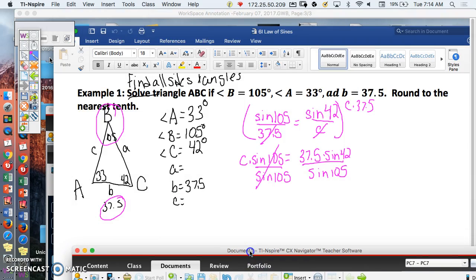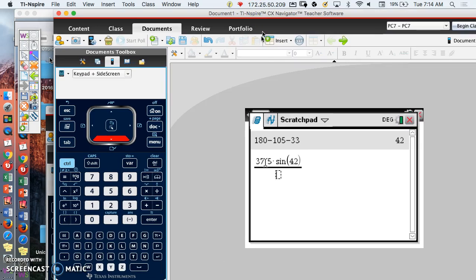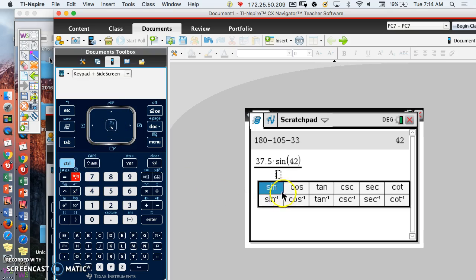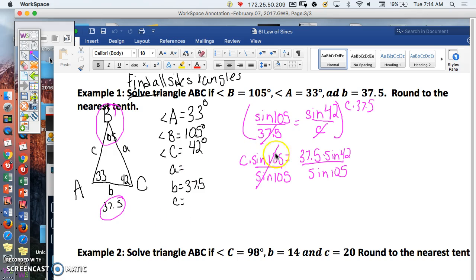Double check that one. Nope, the sine of 42. Divided by the sine of 105. So we end up with 25.98. So we have c.